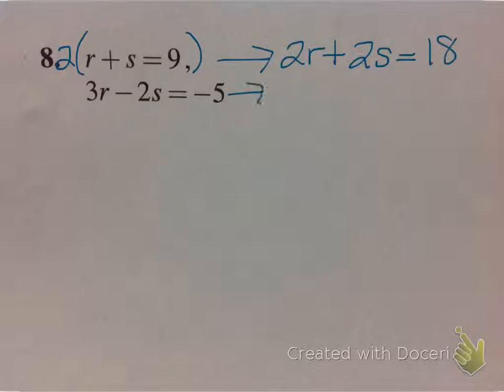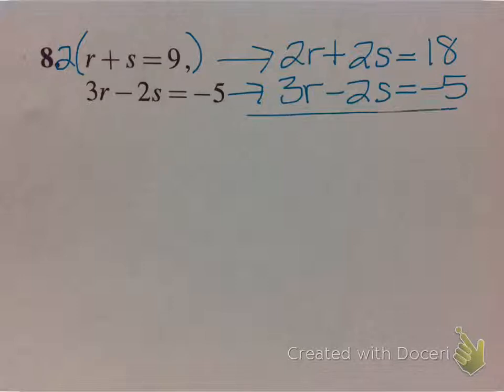If I bring over this equation, my original, I'm not going to change it at all. Now you can see that when I add, my s's eliminate. So we used multiplication to create a scenario in which we would have opposite coefficients.